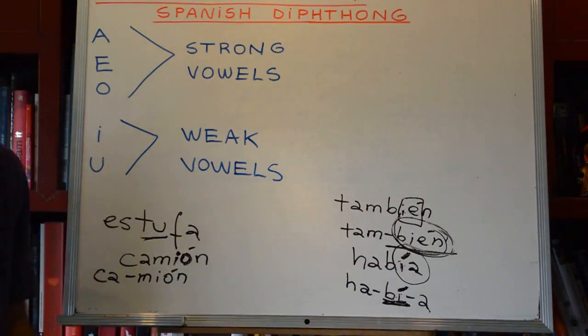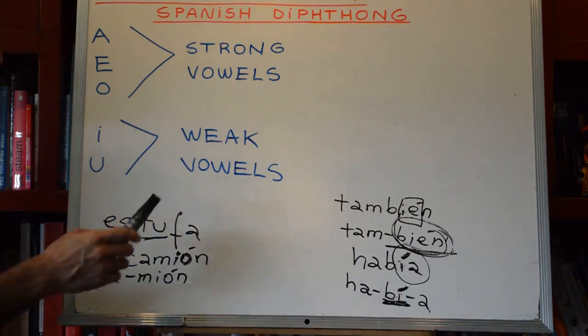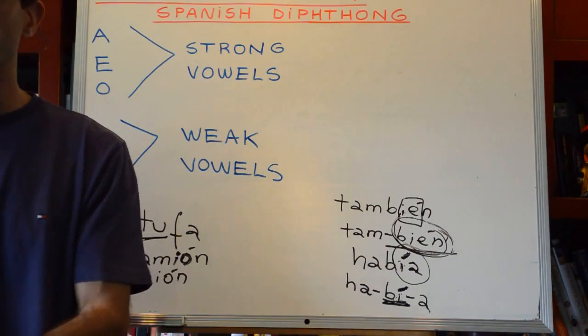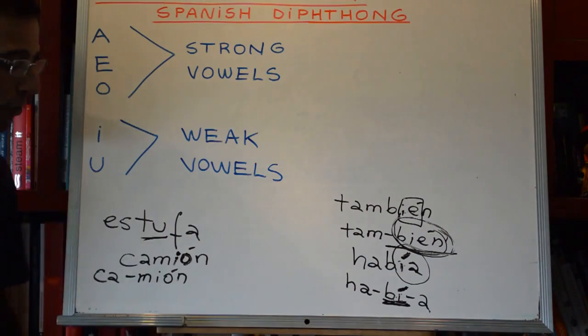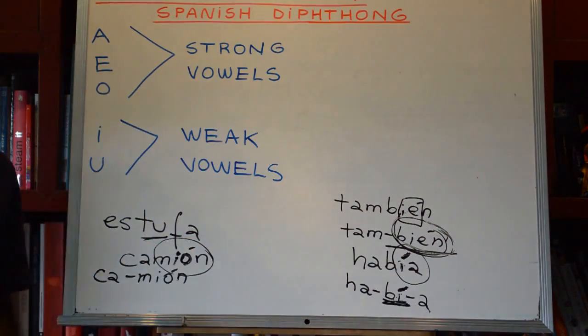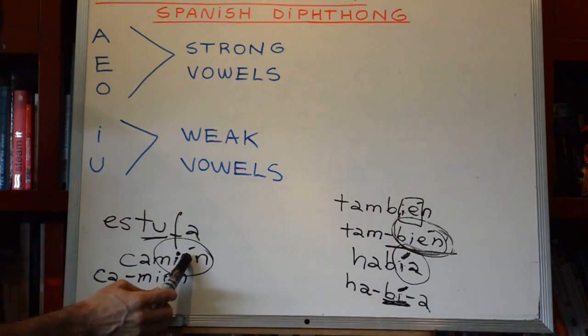So, you cannot separate these two vowels. Why? Because I is weak. It cannot stay alone. You cannot separate it from O. Therefore, they have to go together in the same syllable. Therefore, this is a diphthong.